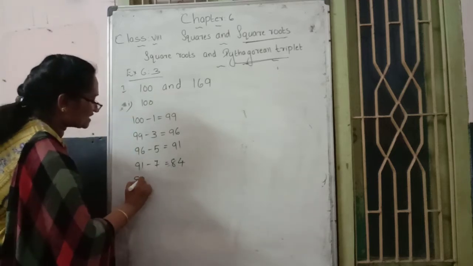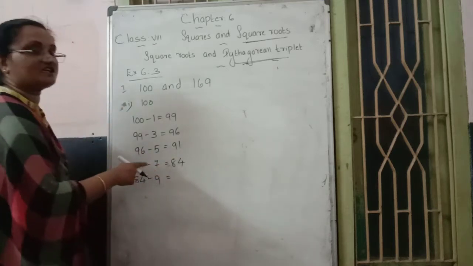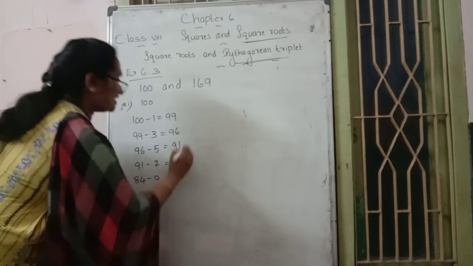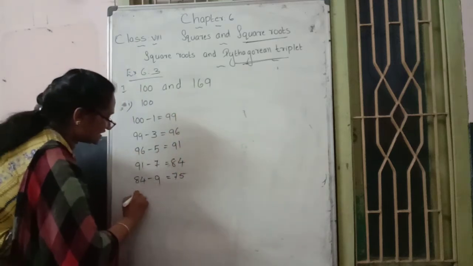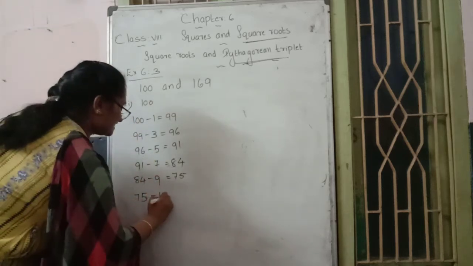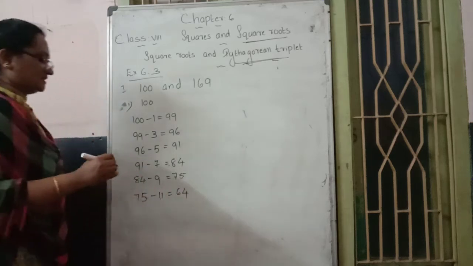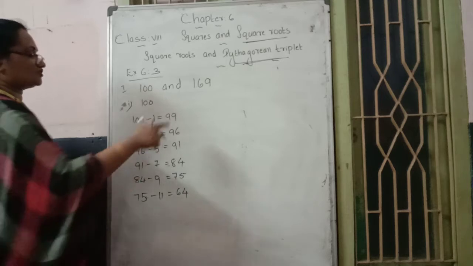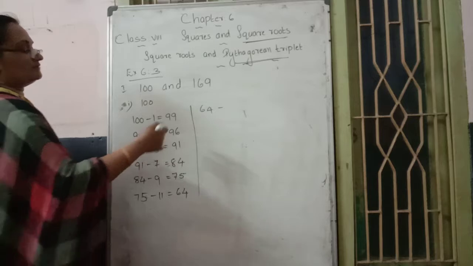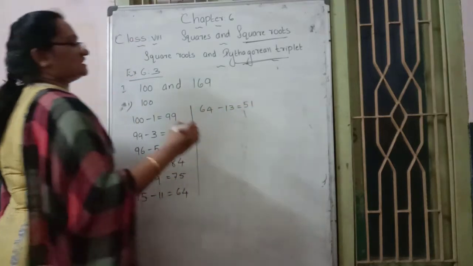Continuing, 84 is subtracted with the next odd number, 9. 84 minus 9 comes to 75. Again 75 is subtracted with the next odd number, 11, so it becomes 64. Continuing, 64 is subtracted with the next odd number, 13. So it becomes 51.